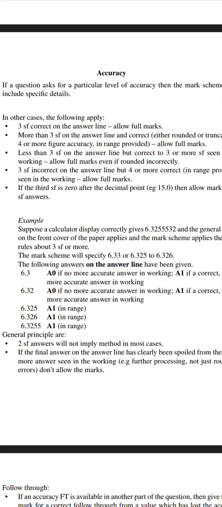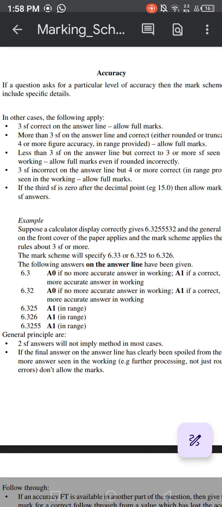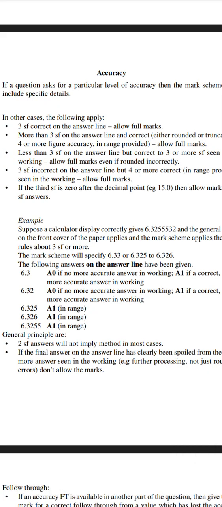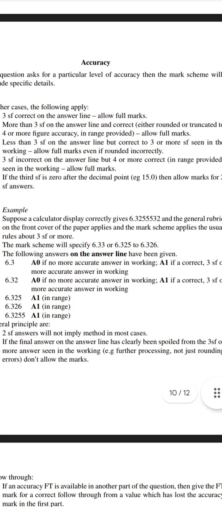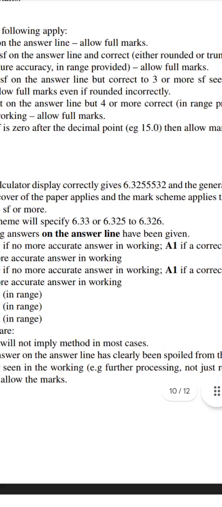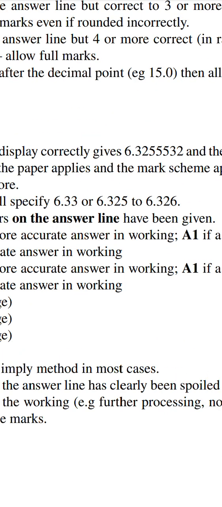Generally, the instructions on the front page of a paper tell you to give answers to 3 SF, so the marking scheme will follow the 3 SF rule. Here the marking scheme will say 6.33 or 6.325 or 6.326.